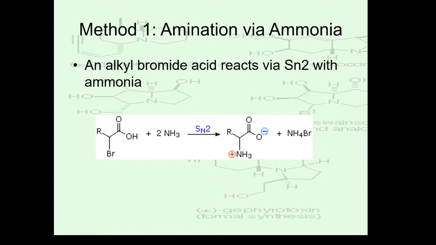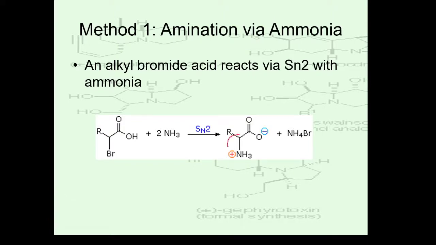What we're going to do is a substitution reaction, a one-step SN2 backside attack with a really good leaving group. We react our bromo-substituted carboxylic acid, and it would have to be a 2-bromo, because here's 1, here's 2, and we need it to add here. So a 2-bromo-something-anoic acid with ammonia. The ammonia group substitutes where the bromine was.